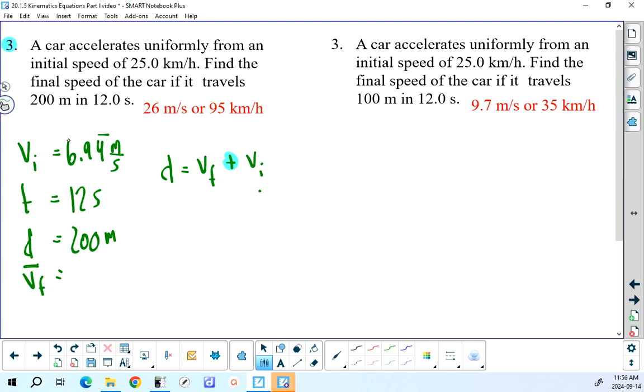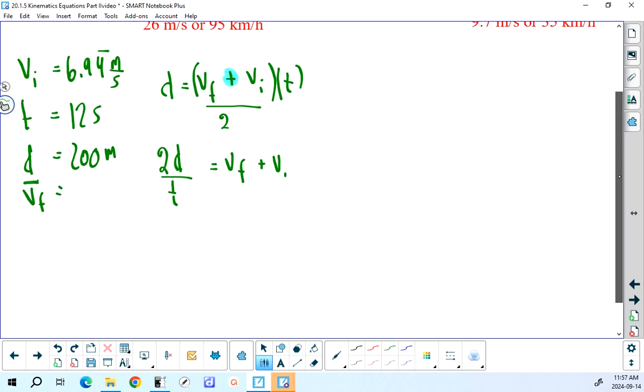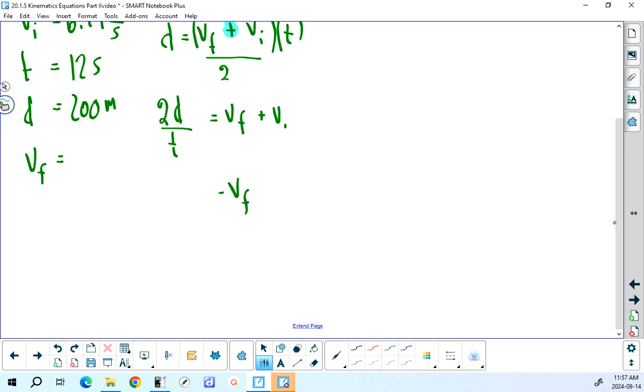And this is over 2, and this is times T. You know, if you want to rearrange this first, you multiply both sides by 2 and get 2D. 2D then needs to be divided by T. This is equal to VF plus VI. The final speed will be equal to 2D over T minus VI.